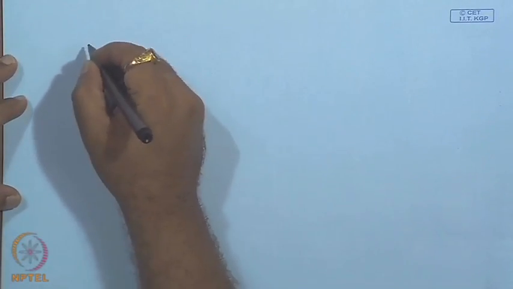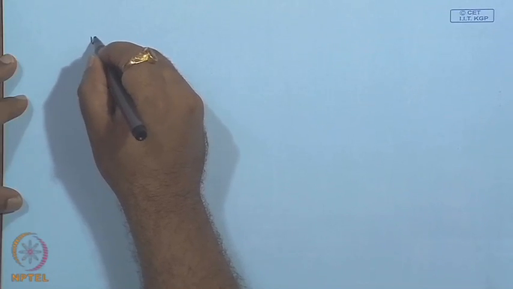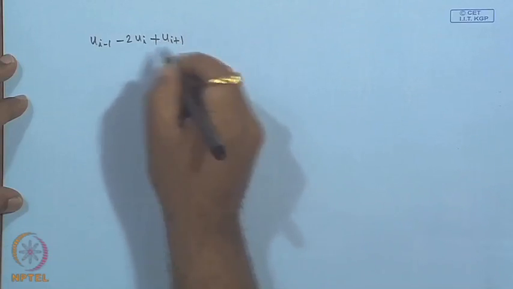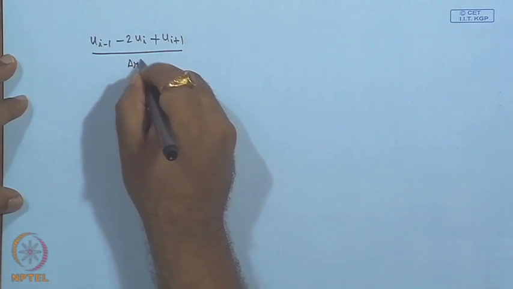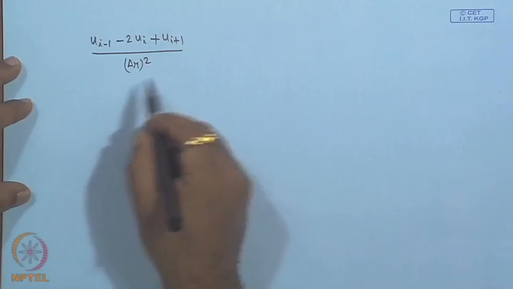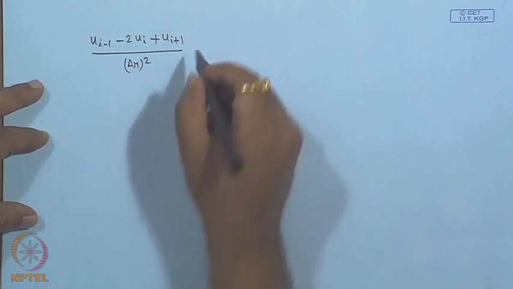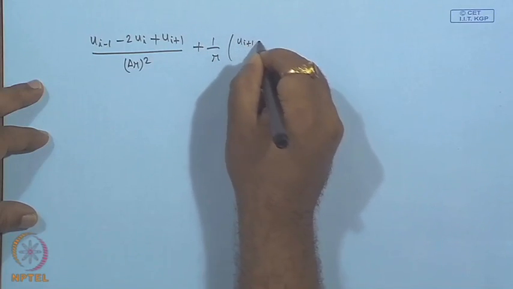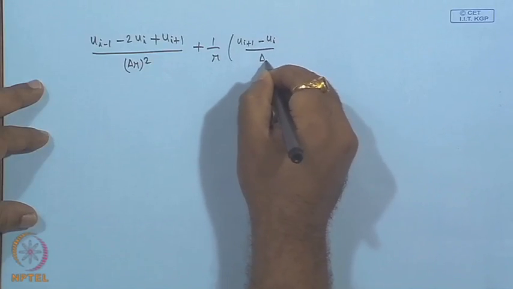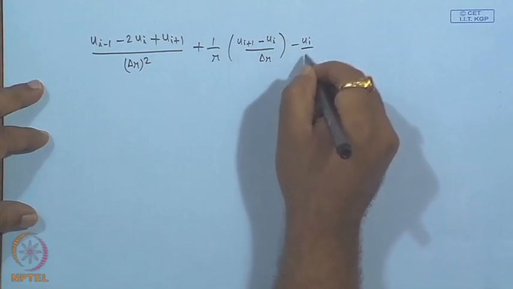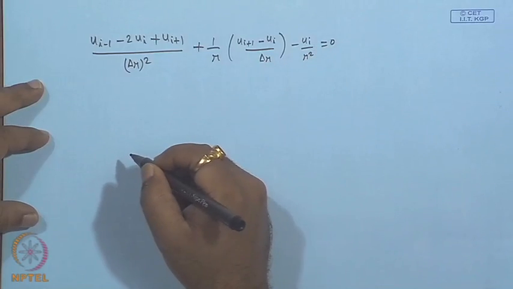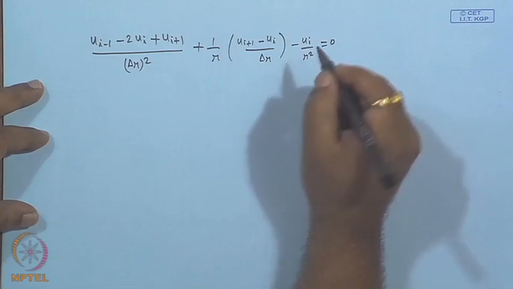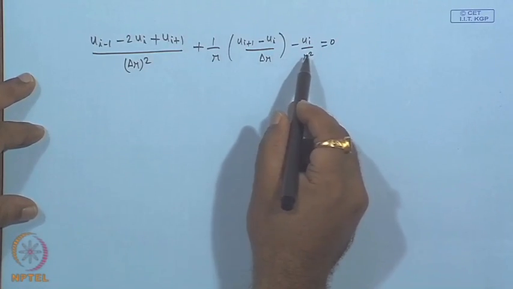So, let us discretize. Since it is a radial coordinate, instead of h I am using the increment delta r square. So, this is u i by r square.